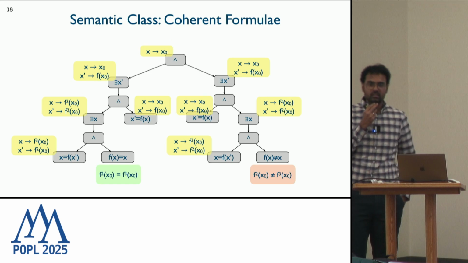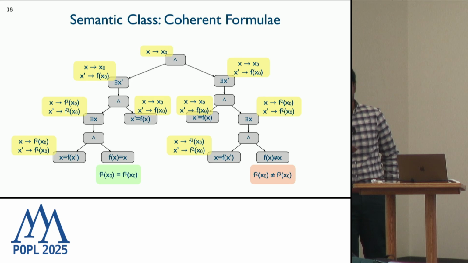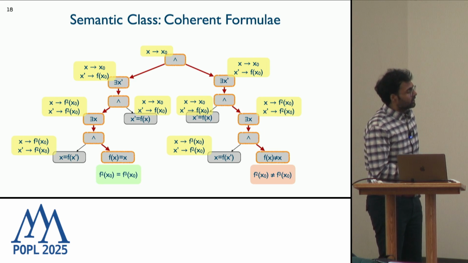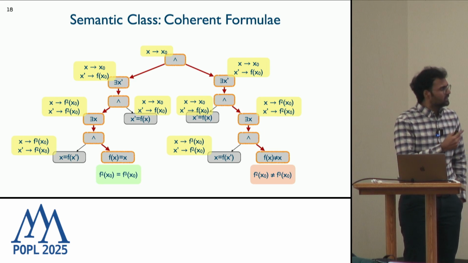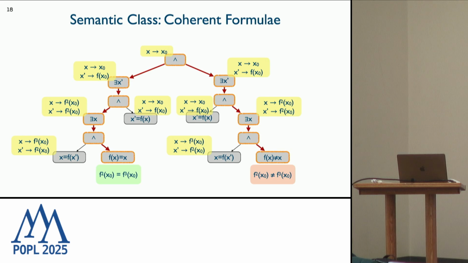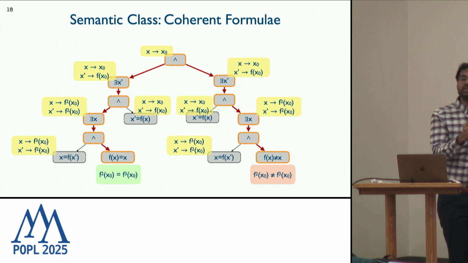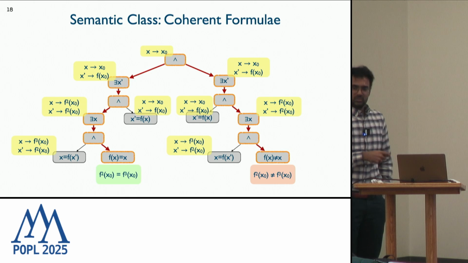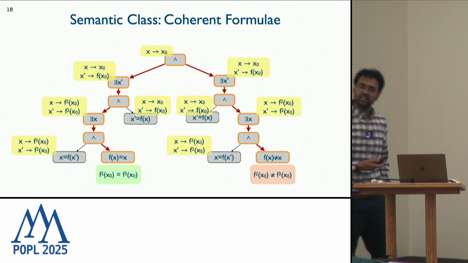But that may not always be the case if your formula is not a nice one. In particular, over this path, there is a term that is being computed, namely f cube x 0. But as you walk through the path on the other end, in the middle somewhere, that term gets forgotten. There's no particular variable that stores it. So that's the recipe for disaster. You would not get decidability like this.